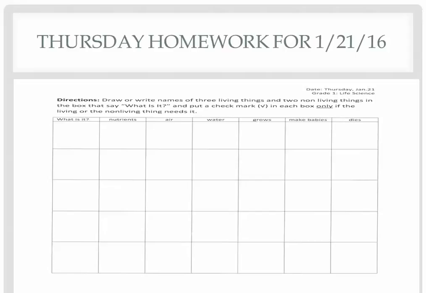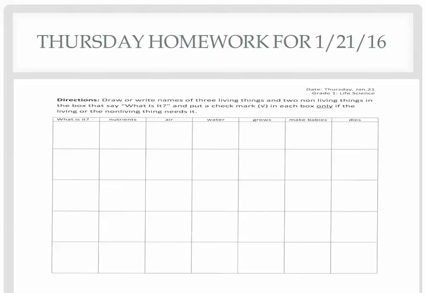Then for Thursday's homework, you are going to draw or write the names of 3 living things in this column that says, what is it? So draw pictures of 3 living things. One living thing here, the second one here, third one here, and the non-living thing here. Also, please take into consideration the characteristics of living and non-living things that you have learned in class.